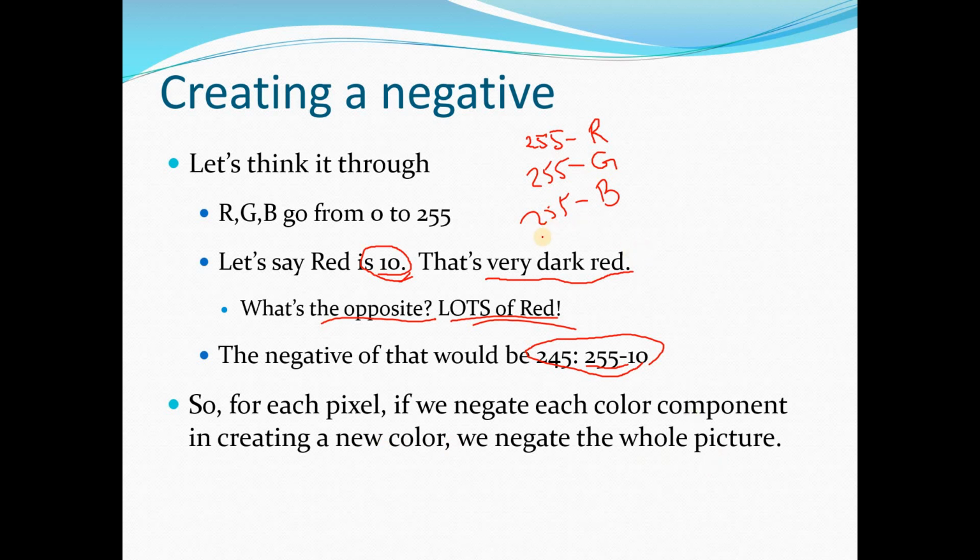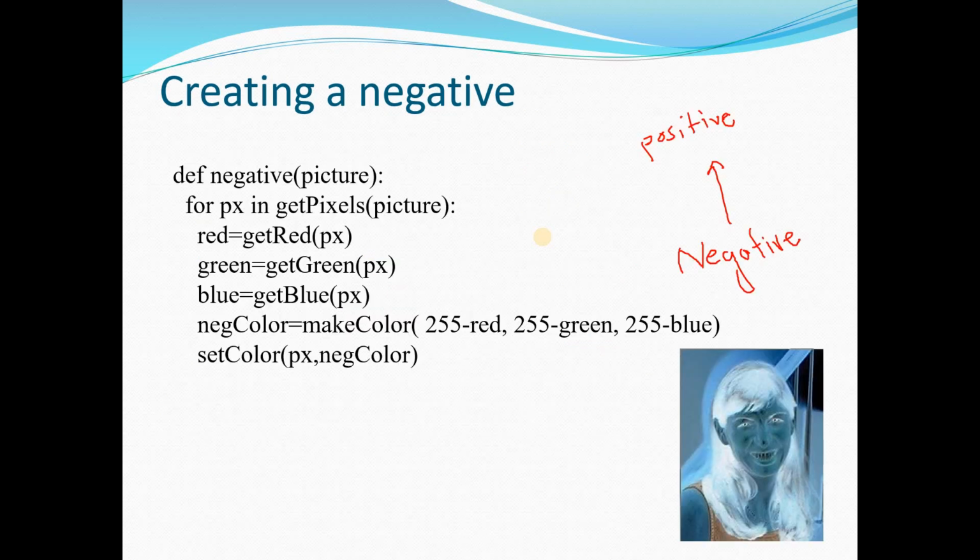So you read the three color values R, G, B, subtract them from 255, make a new color, and set this negative color on the pixel. The picture will become like this.